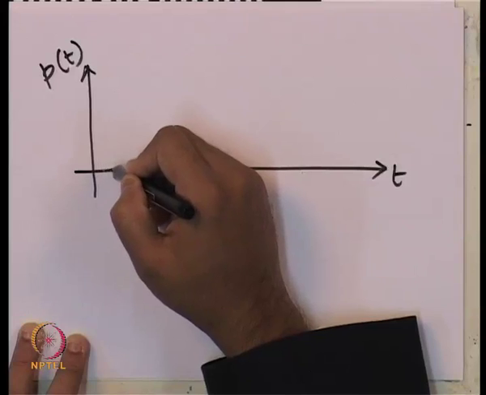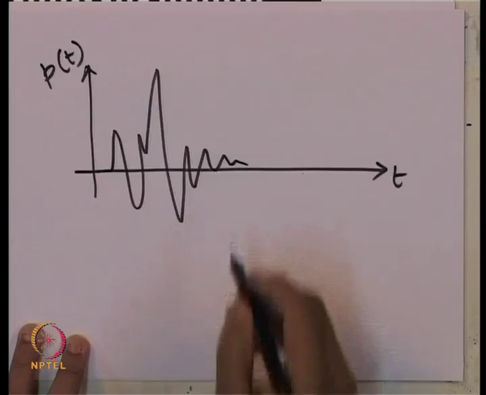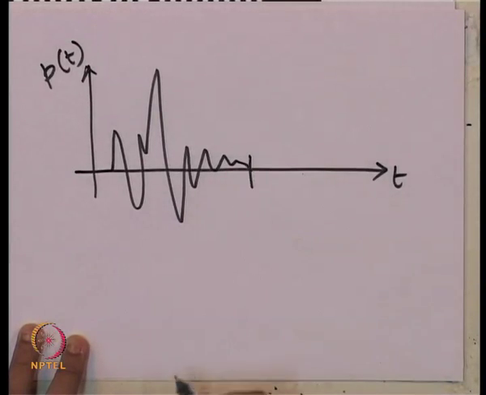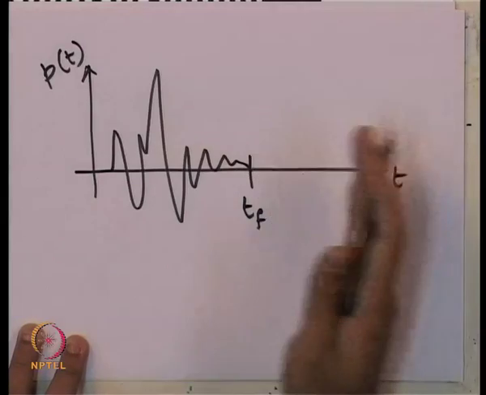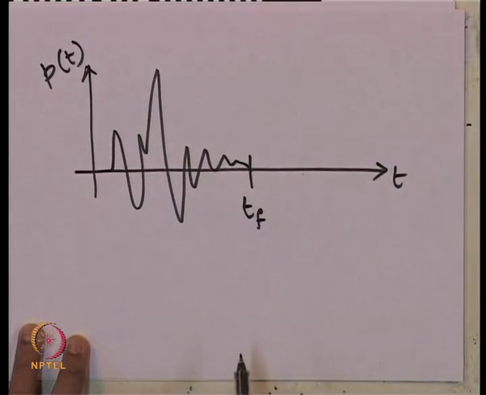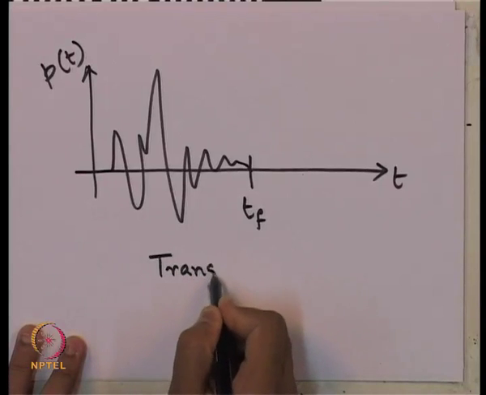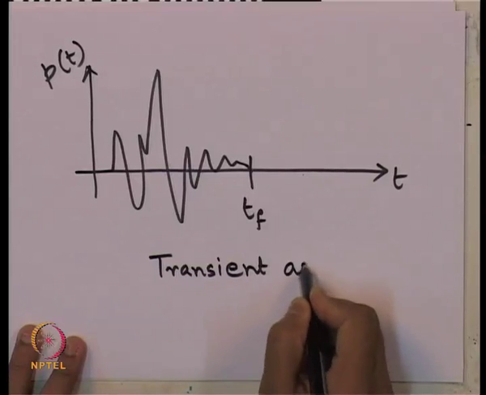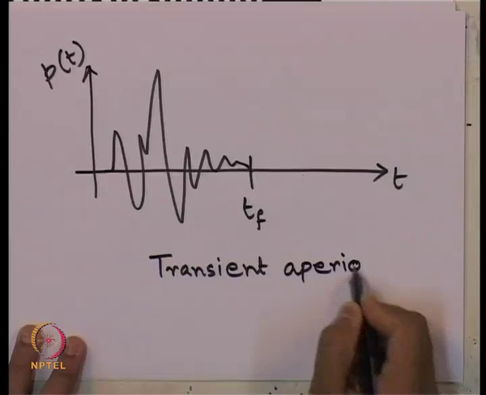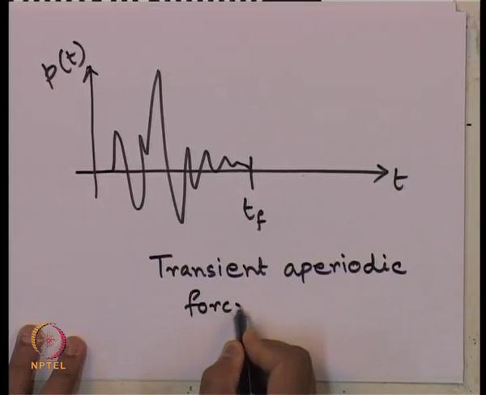So, suppose it is starting somewhere here and it is random actually, it stops here at a certain time, say T f. After that, P of t is not present in the system. In that case, we call it transient aperiodic forced vibration.